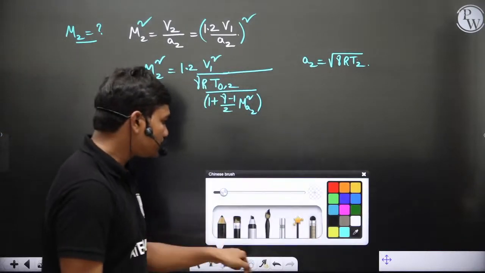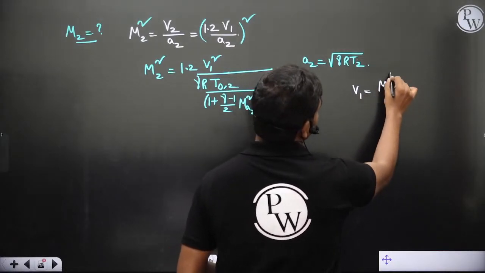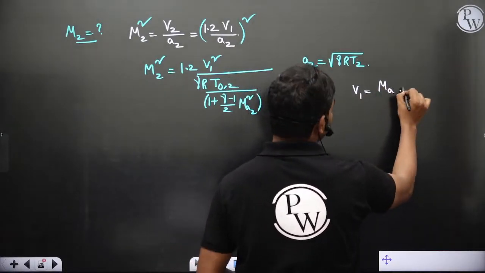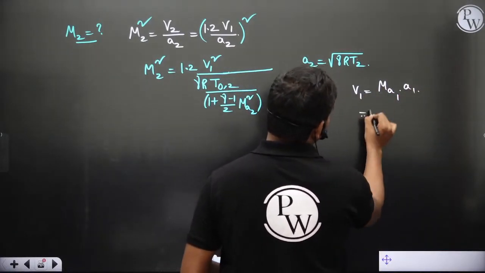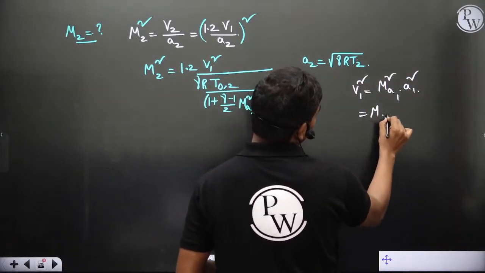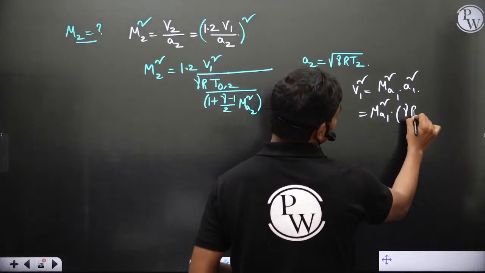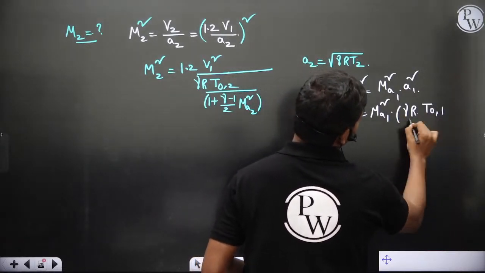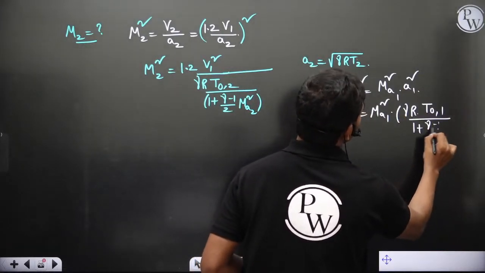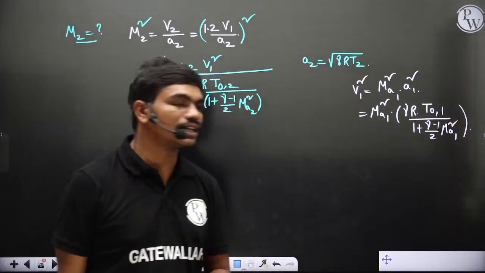V1 is equal to Mach 1 into the acoustic velocity, and if you square this, V1 square is equal to Mach 1 square times A1 square. A1 square is gamma r T1, and T1 is nothing but T01 divided by 1 plus gamma minus 1 by 2 Mach 1 square. So these are the expressions.